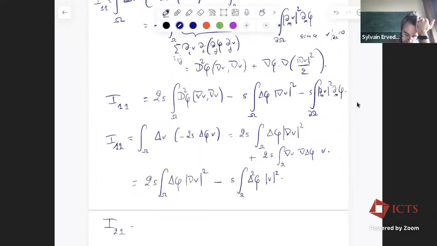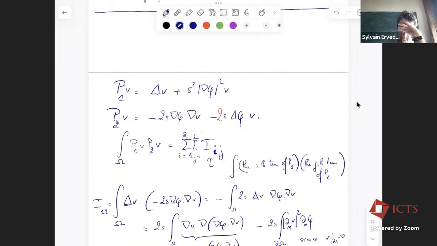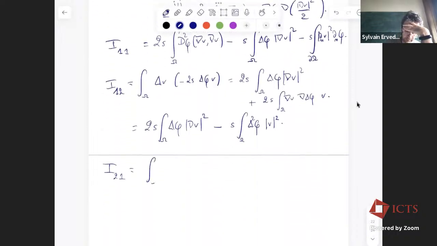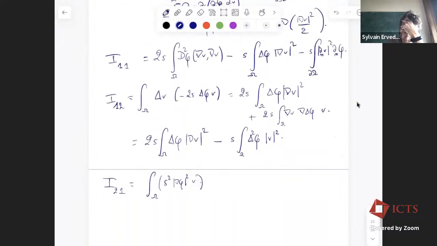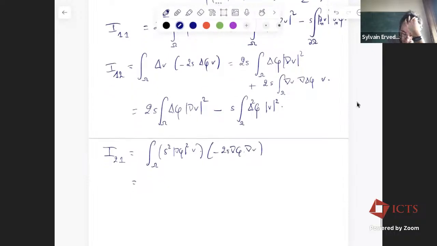Okay, I21. So I21 is the integral of s2 gradient of phi square V times minus 2s gradient of phi gradient of V, and this is minus s3 gradient of phi square gradient of phi times gradient of V square.